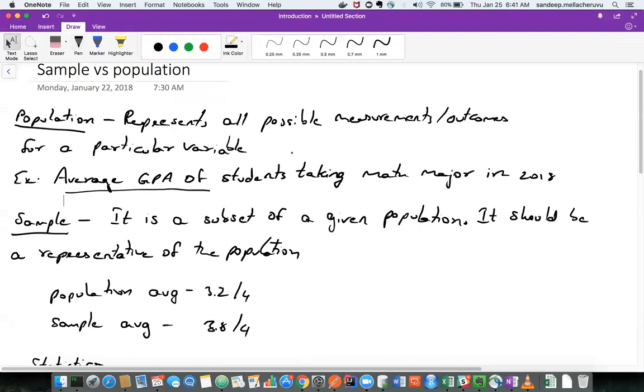For example, in this average GPA of students taking a math major, I'm not talking about which year. Is it a sophomore year, or is it a first year, second year, or third year of math major? Because over a period of time, maybe some of the persons who got a GPA of, let's say, 2.5 might be improving to 3.2 in the second year.